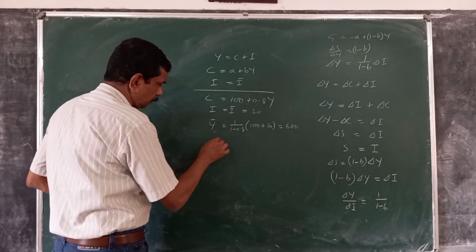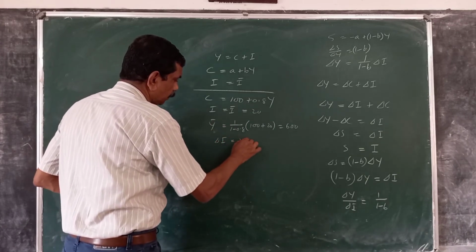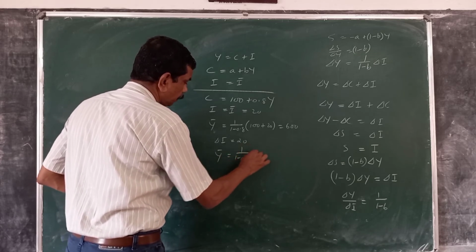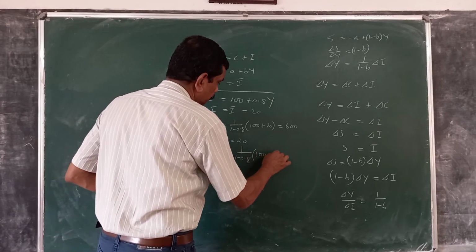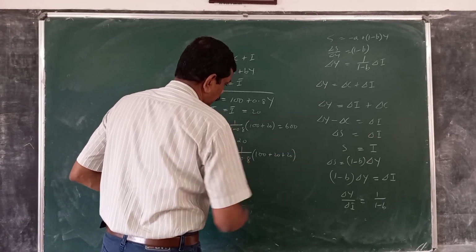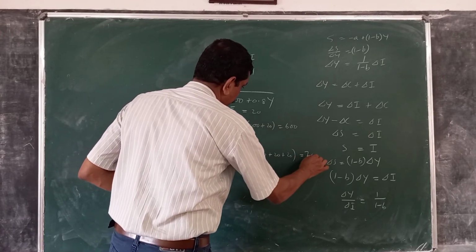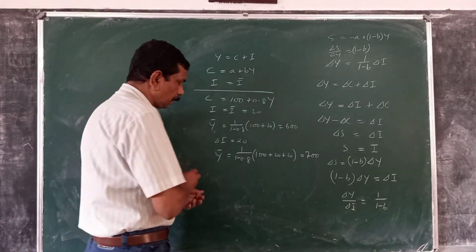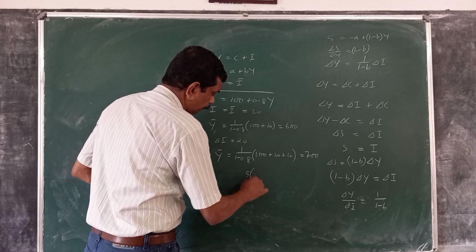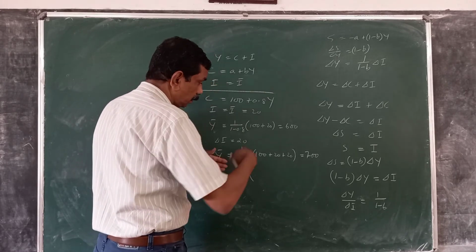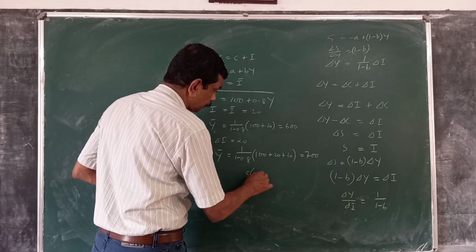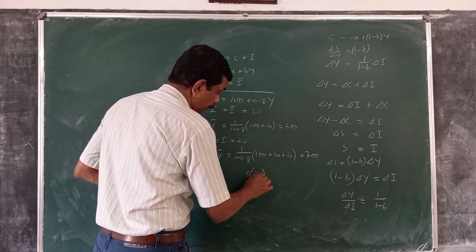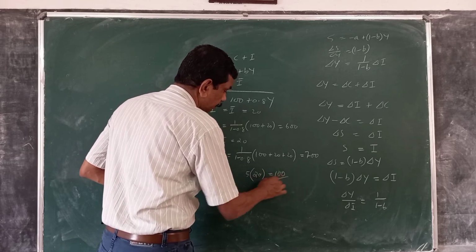Suppose that there is an increase in investment equal to 20, then y bar is equal to 1 by 1 minus 0.8 into 100 plus 20 plus 20, which is equal to 700. So, here the value of the multiplier is 5. 5 times the increase in investment 20 is equal to 100.